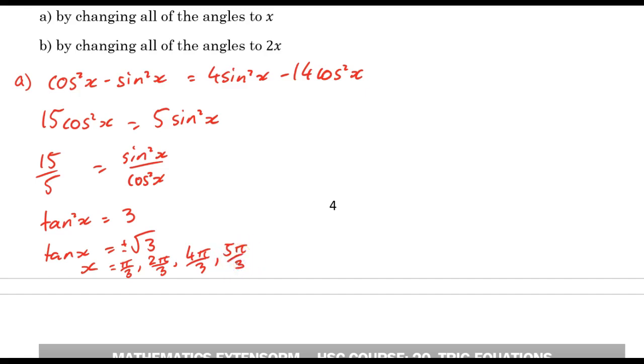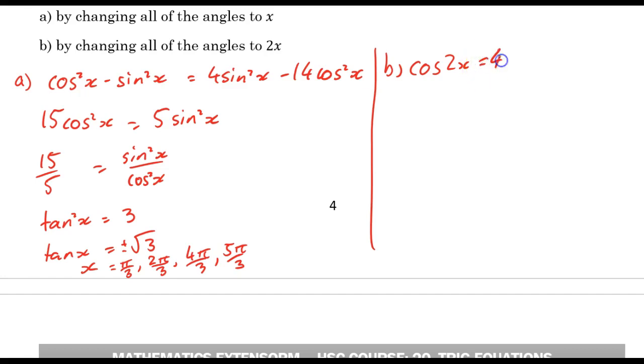Rightio. That was change everything to x. What if I'd gone the other way and changed everything to 2x? So that means that I've got cos 2x. Now, my sine squared, remember these new formulas I said, sine squared is half minus half cos 2 theta, or 2x in this case.